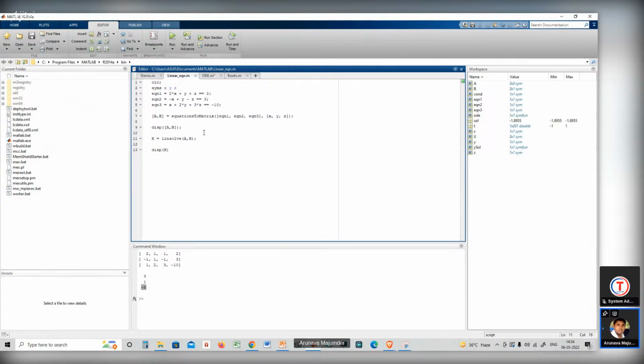Now there is something else. I already told you, if the number of variables is less and the number of equations is more, then what will happen? So now I am eliminating a variable. It is syms x and y, there are two variables.